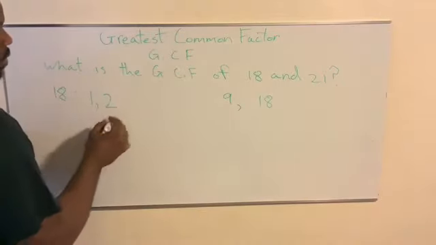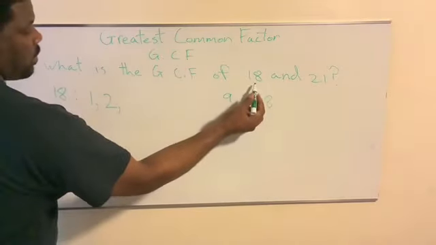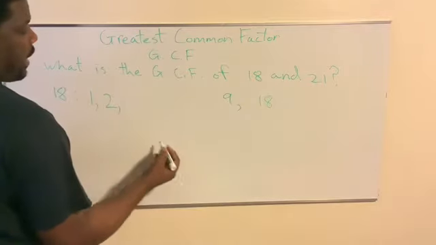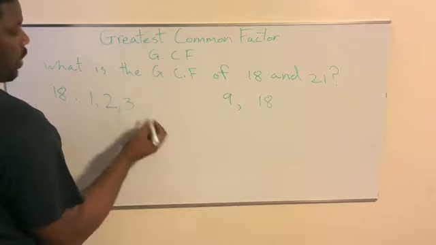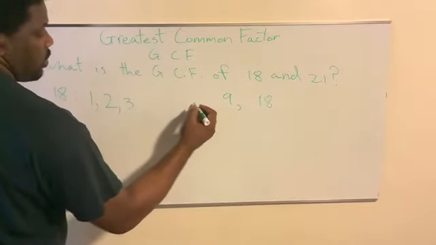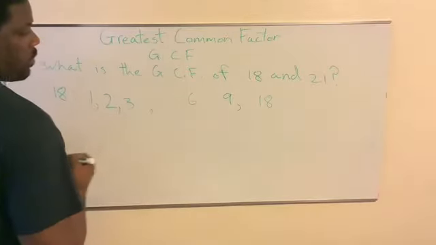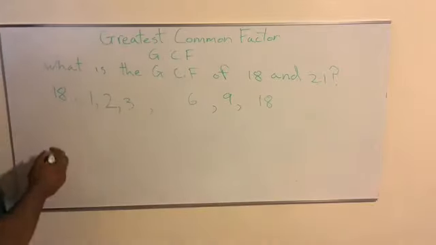I know 3 works because if I add the digits of the number, and it's a product of 3. 1 plus 8 is 9, and 9 is a product of 3. So 3 and 6. And those are the factors of 18.